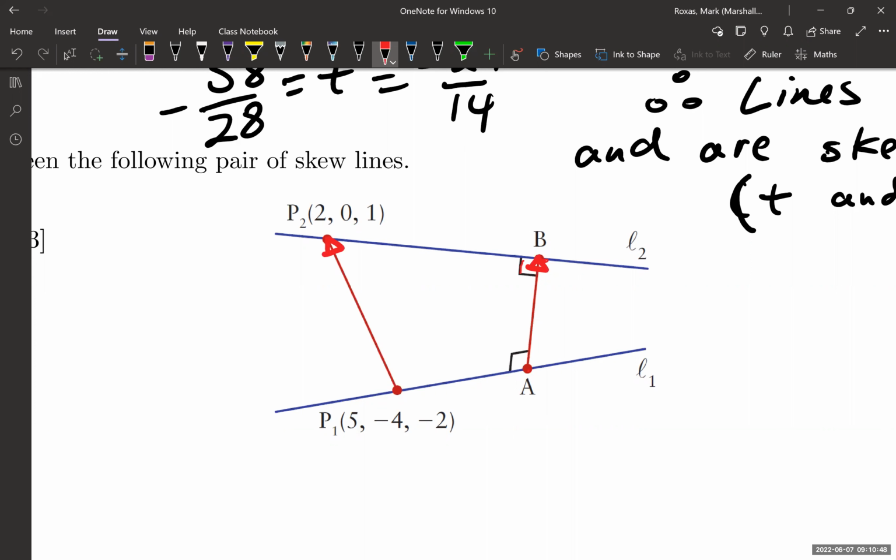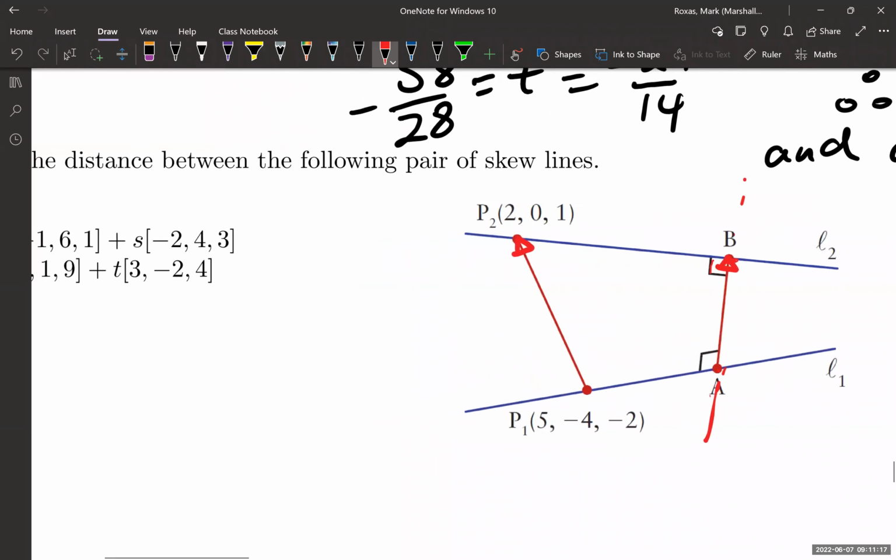Okay, so all I have to know is the vector from P1 to P2, to create any vector joining the two lines, and then find the projection of that onto AB, and AB is going to be a direction vector, which we will find, and I'll show you how we find that. Okay, and then find that direction line here, and that projection just tells us the magnitude of that distance.